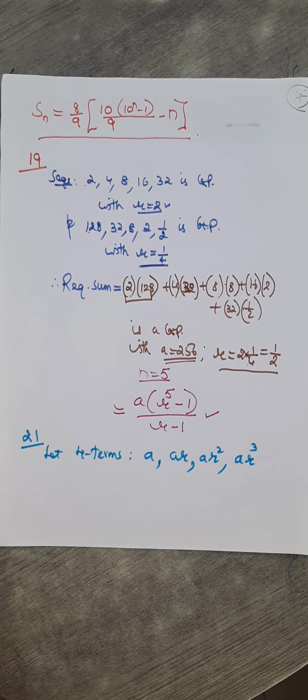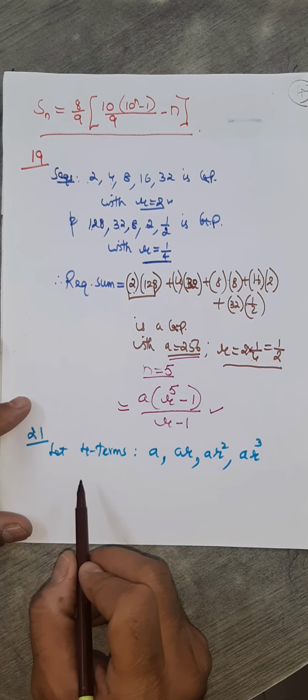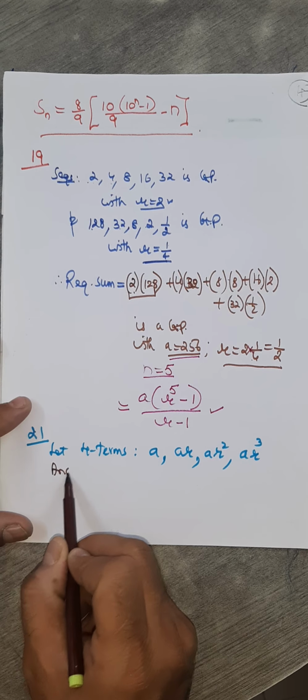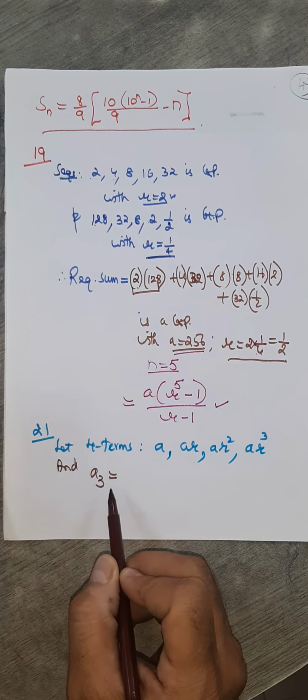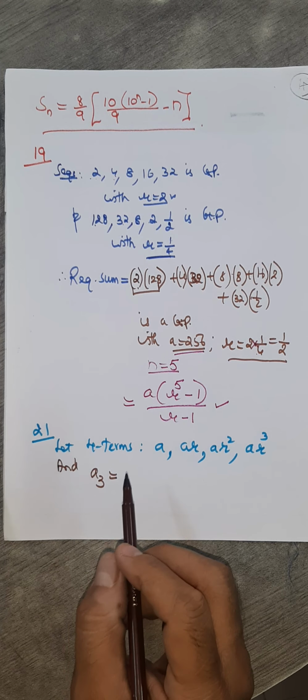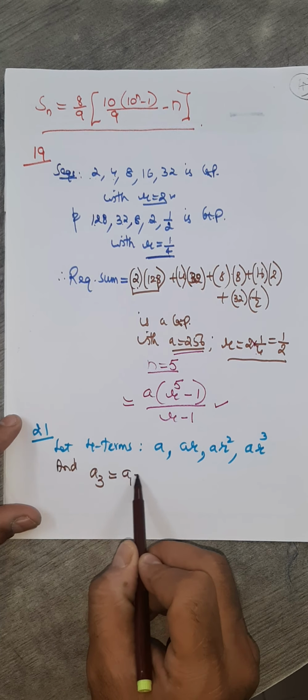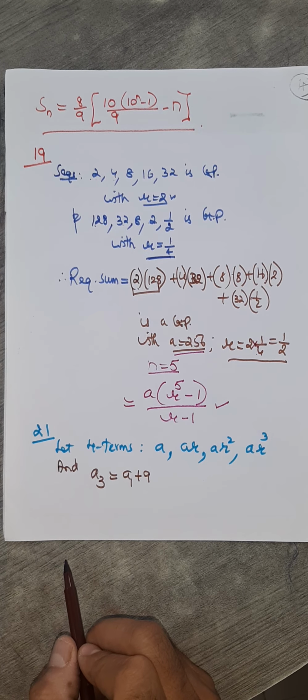So here you are given 2 conditions. Let's read those 2 conditions. What's the first condition? The third term is greater than the first term by 9. So if I add 9 to the first term, both will be equal. Okay, that's one condition.